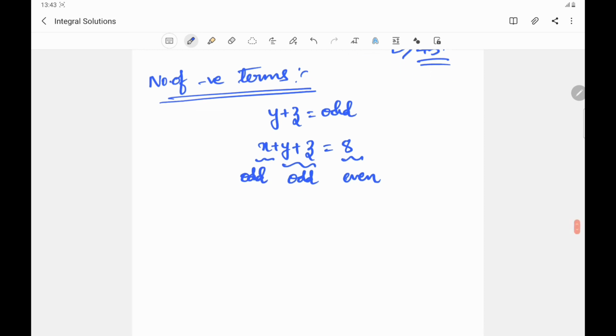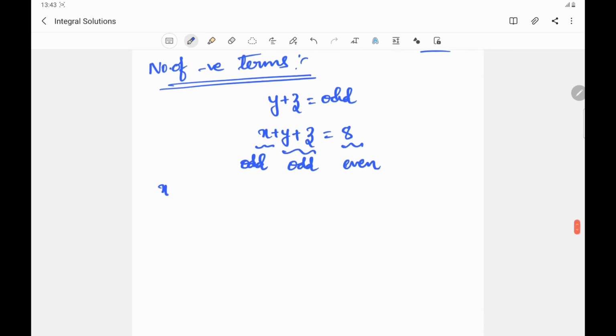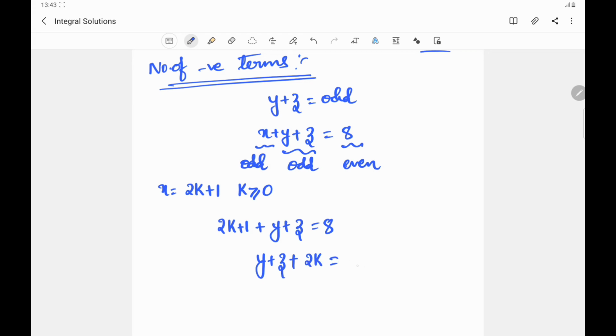So let us assume that x is of the form 2k plus 1, where k is greater than or equal to 0. So let me substitute 2k plus 1 plus y plus z as 8. So y plus z plus 2k is equal to 7. Y plus z is 7 minus 2k.